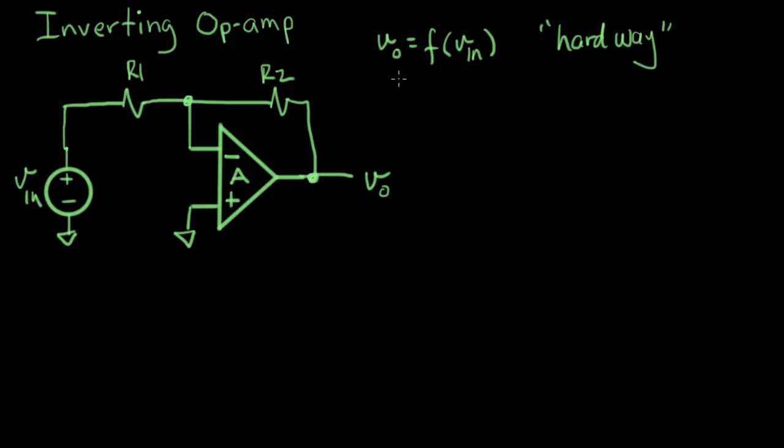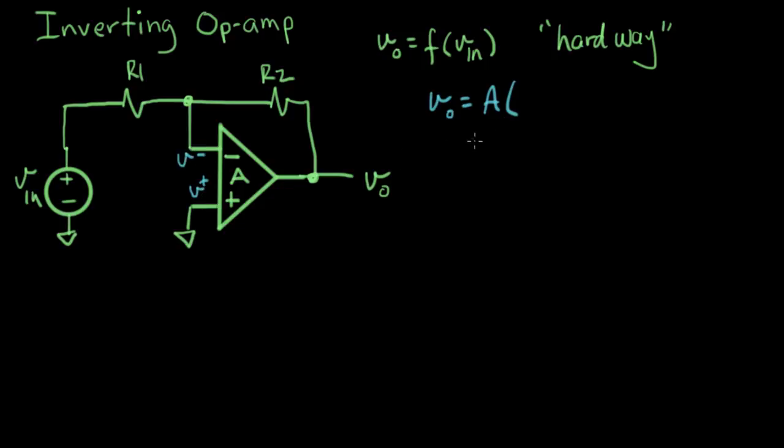Okay, so let's go after this. Let's develop an expression for V out in terms of V in. First, let's write some things we know about V out. We know that V out equals A times, now it's usually V plus minus V minus. This is V plus, this is V minus.